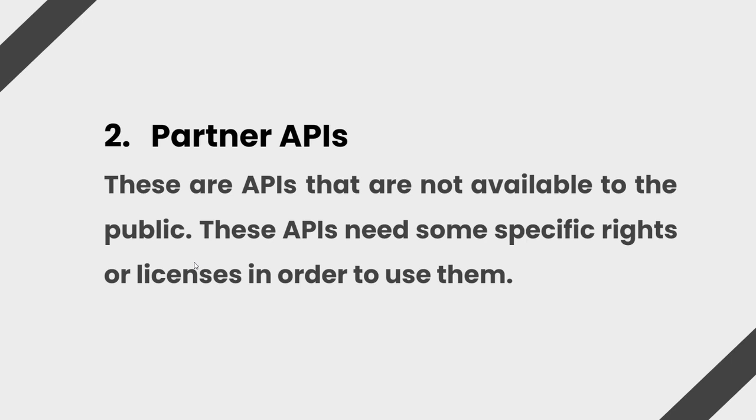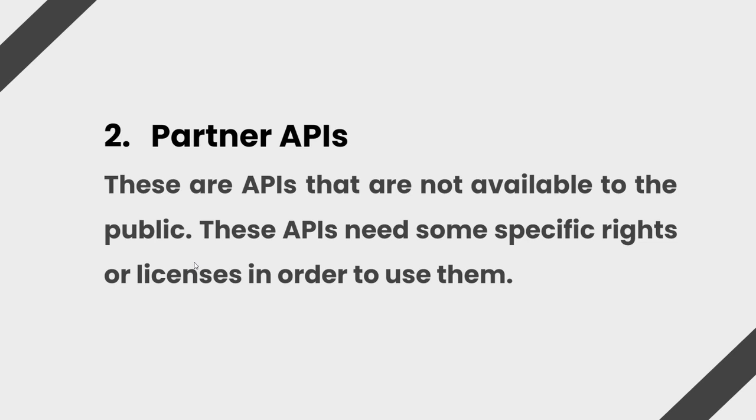So next we have the partner APIs. Now these APIs are not available to the public. No, they are not. But for you to use these APIs, you need some specific rights or license in order to use them. So this means that to make use of these APIs, you will need to contact the owner of the API and get a license from him.